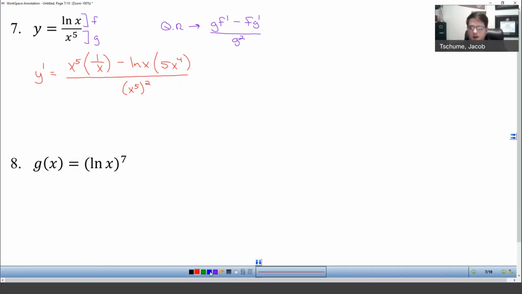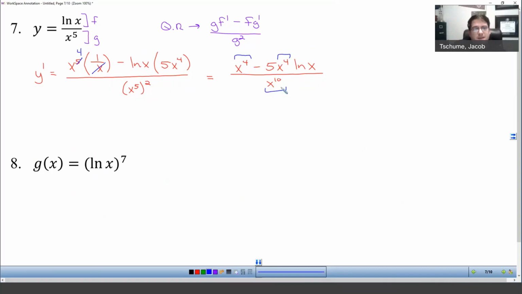If I simplify what I can, we've seen this a few times now, this x on the bottom cancels one of those x's there. So that's just going to give you x to the 4th. Minus, I'm going to bring that 5x to the 4th to the front and multiply it by the natural log of x. And then x to the 5th all squared is going to be x to the 10th. Since we've got these three terms, you will notice, and I think it's the 3rd or 4th time this semester we've seen this, all three terms share a combination of x's together.